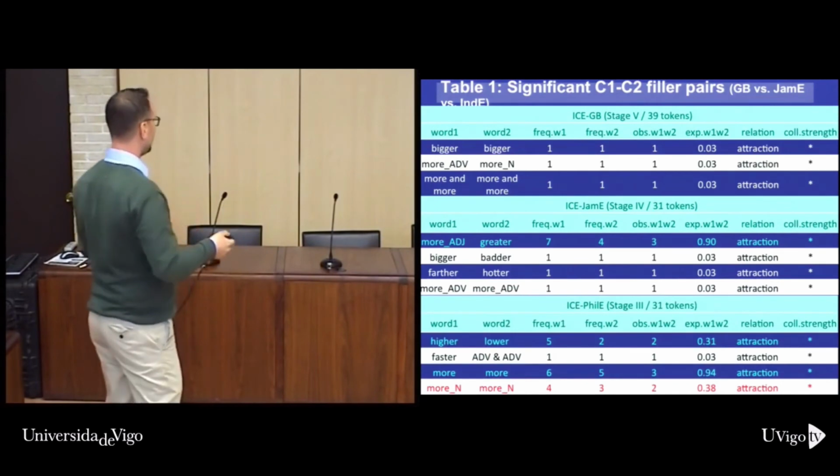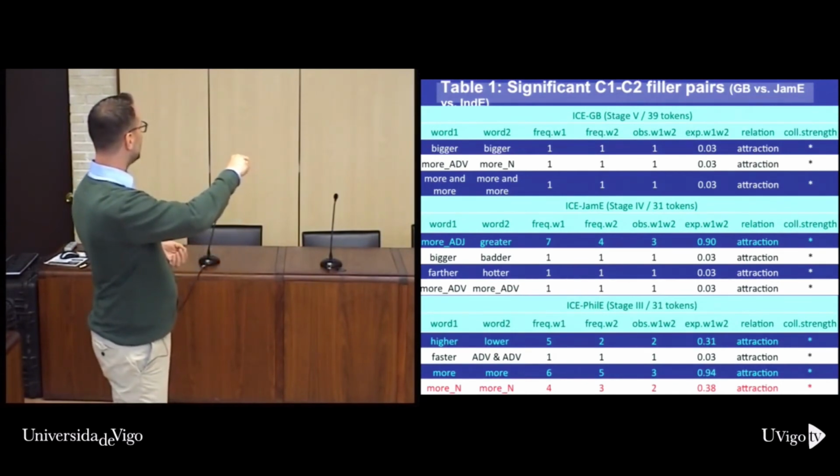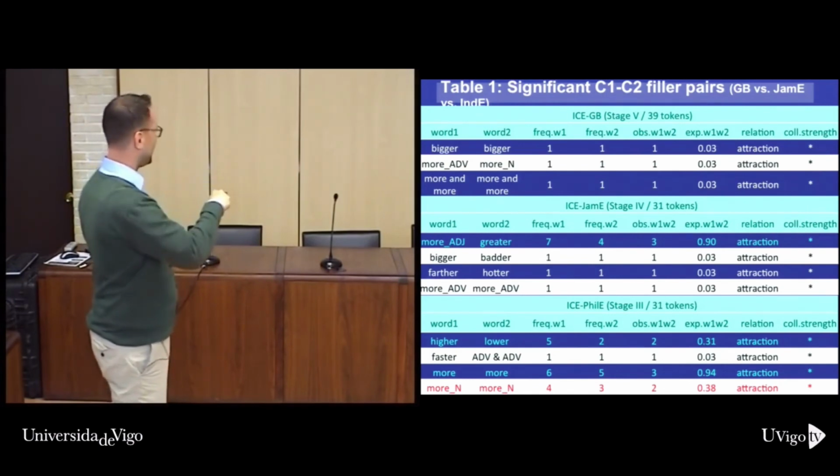And for Philippines English, stage 3, you get already more, so the higher, the lower comes up as significant, and the more, the more, and more noun, so the more apples, the more fruit, or something like that.